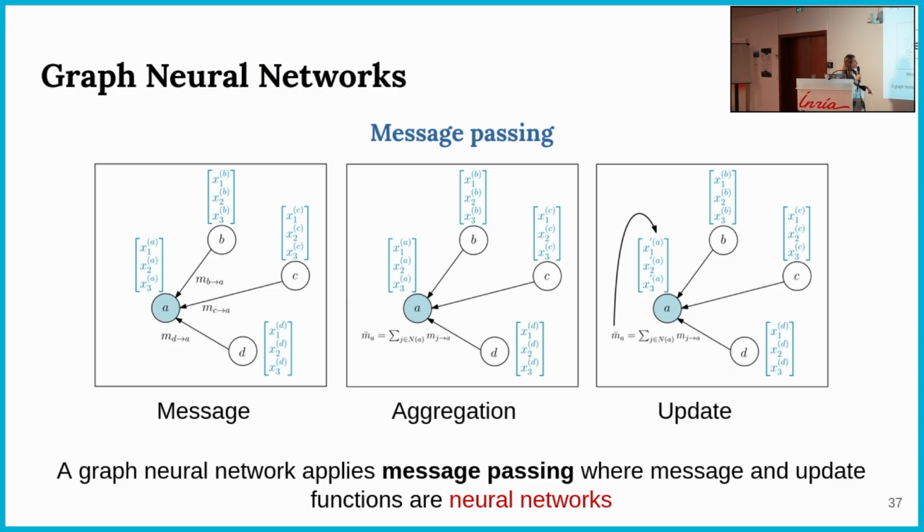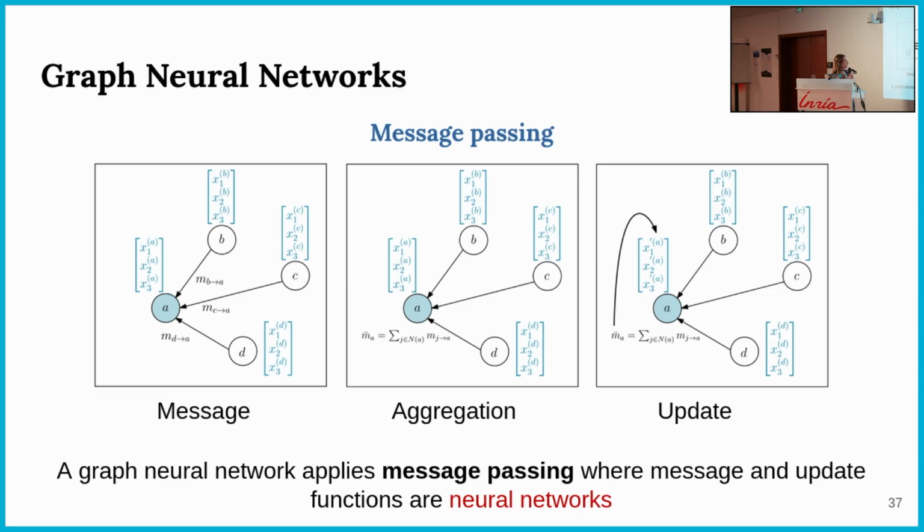In this case, the additional information is a vector associated with the node, and usually they are called features. The message passing is composed of 3 steps, and we want to consider it from the point of view of node A.